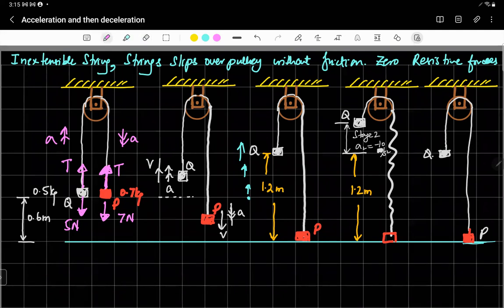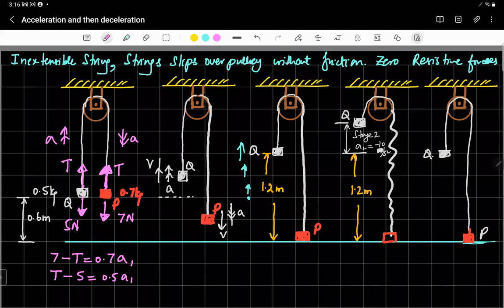Now applying Newton's second law of motion on the 0.7 kg mass P, 7 minus T is equal to 0.7a. We call this acceleration A1. And then applying Newton's second law of motion on Q, it's T minus 5 is equal to 0.5 A1.